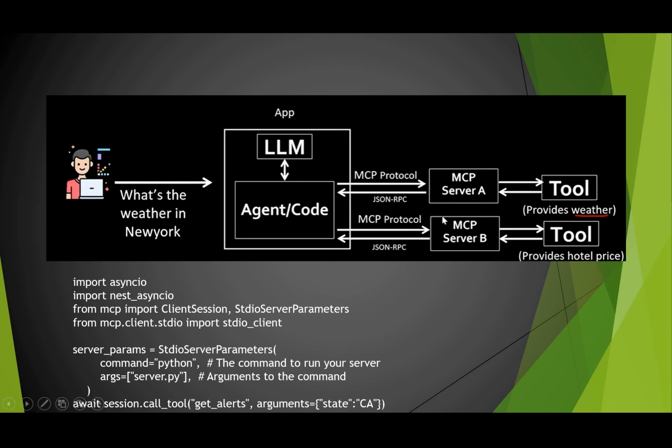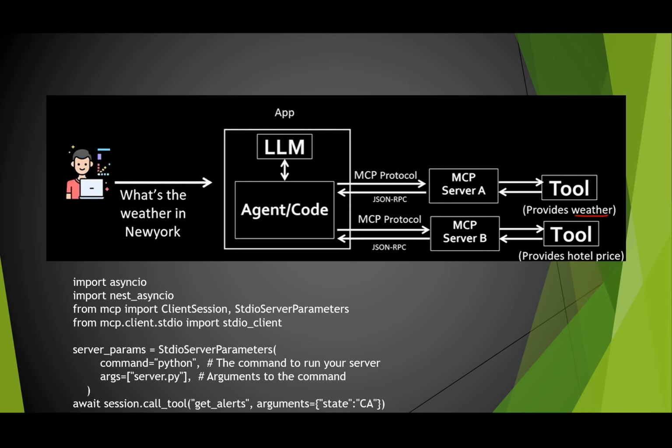And for the agent to communicate with these MCP servers, they need a protocol, which is called the MCP protocol. As we discussed in the previous video, it uses JSON RPC as a standard for its communication.